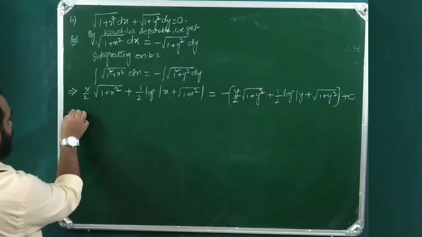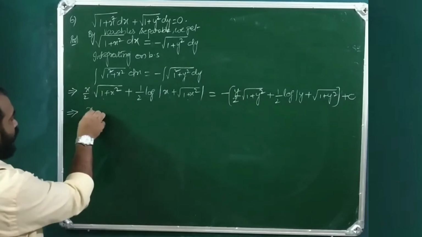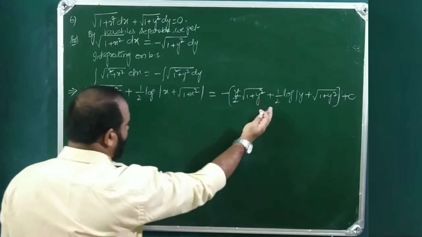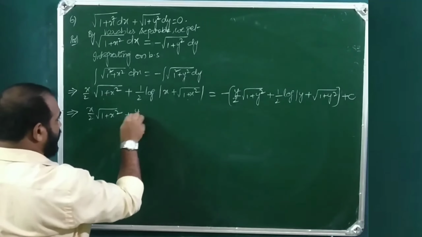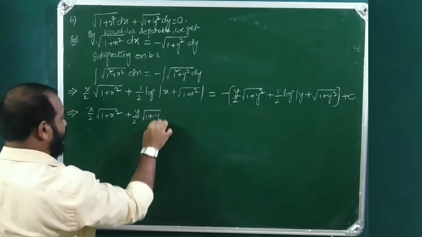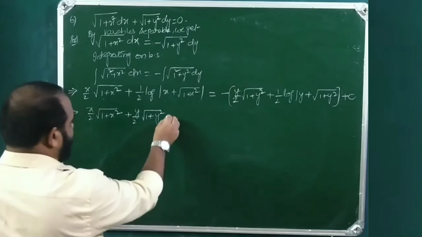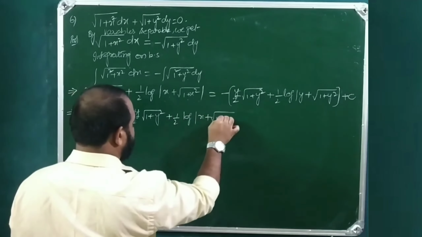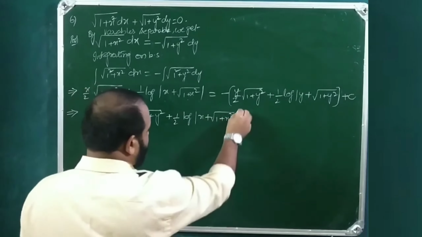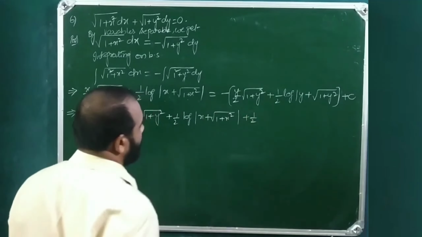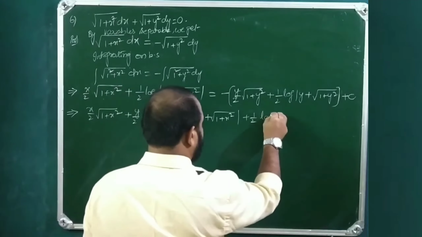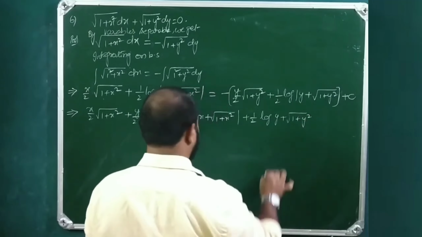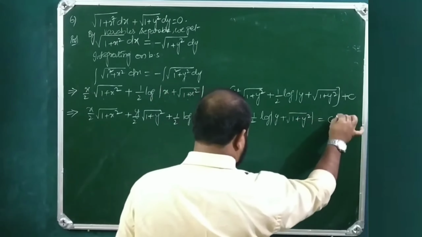This is equal to x by 2 root of 1 plus x square. This plus y by 2 root of 1 plus y square, if you transpose, plus 1 by 2 log x plus square root of 1 plus x square plus 1 by 2 log y plus square root of 1 plus y square is equal to c.